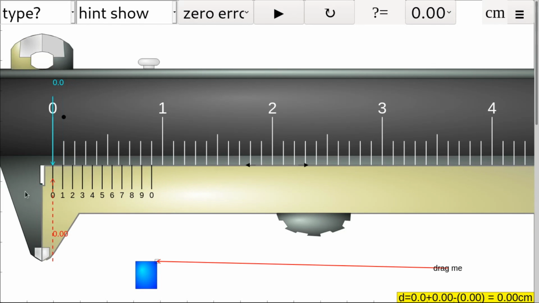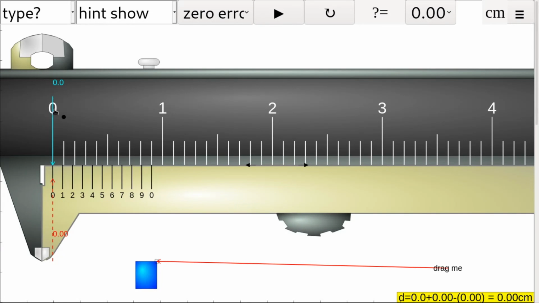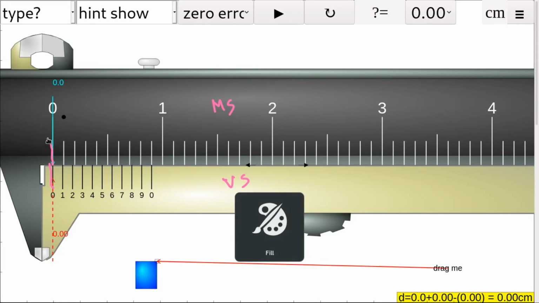If you close both the jaws, these are called external jaws, then the 0 line of the main scale should match the 0 line of the vernier scale. This is the main scale, this is the vernier scale.